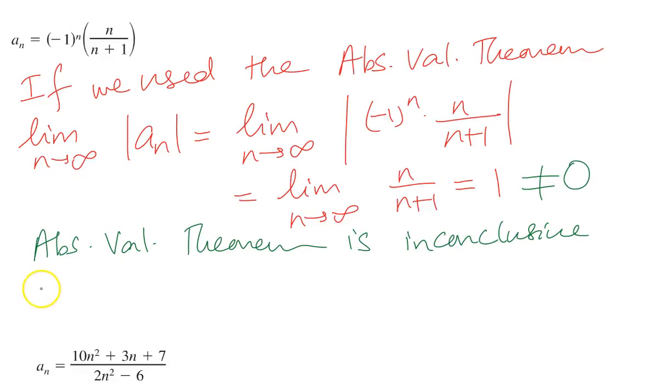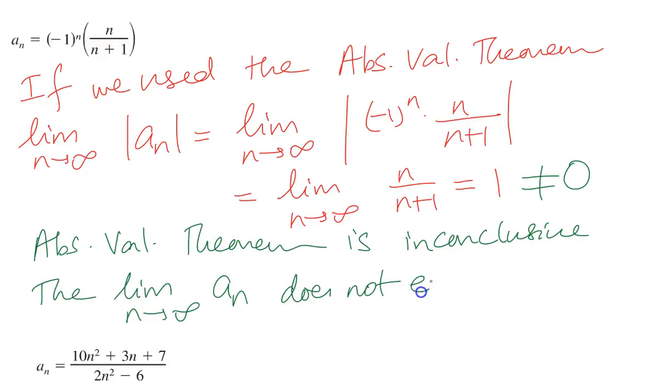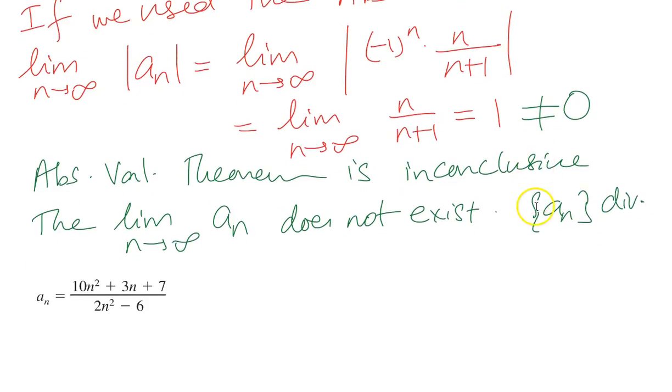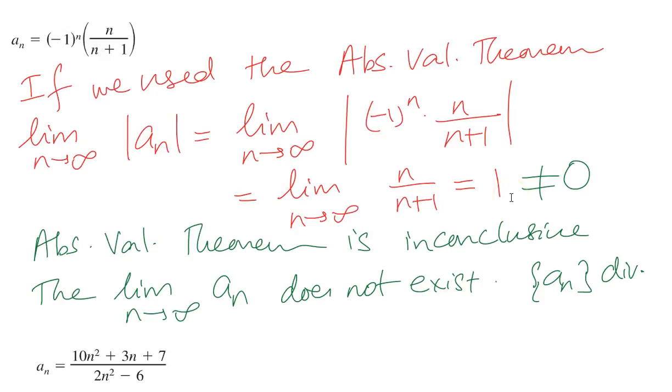Okay, so I would write the limit as n goes to infinity of the original a_n does not exist. Okay, so the sequence a_n diverges. Alright, why does it not exist, guys? Because you can list the terms. Some terms are positive, some terms are negative, so it's going to go negative, positive, negative, positive, negative, positive. It's not going to go toward a particular value.